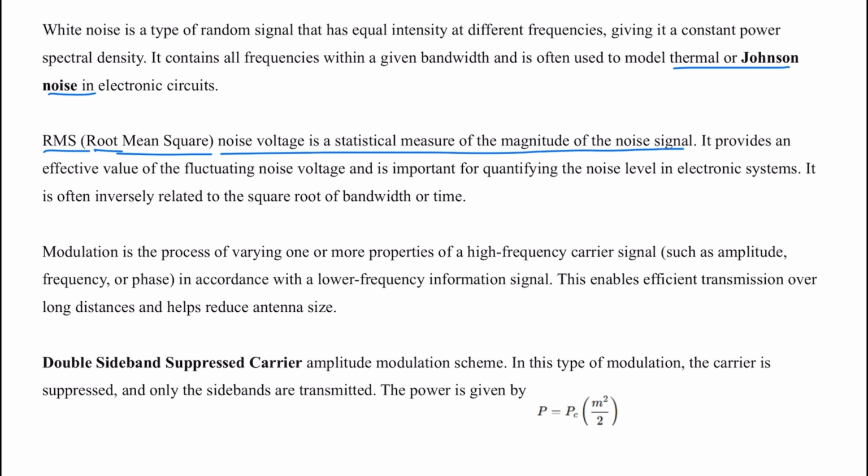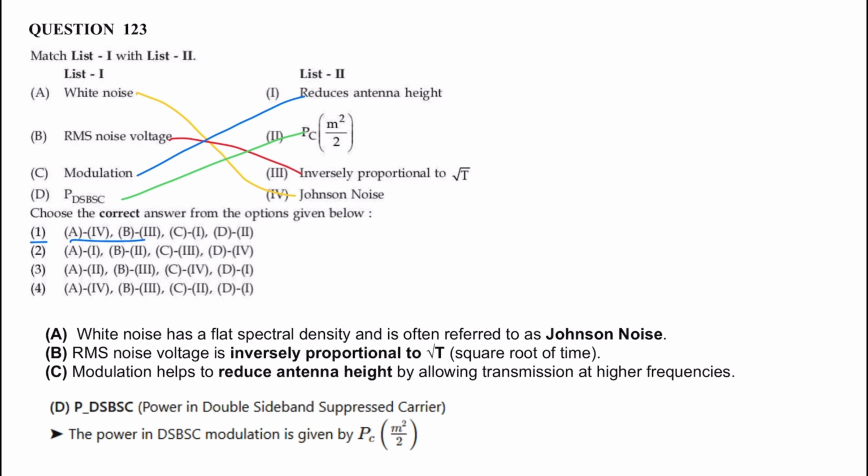It is often inversely proportional to square root of bandwidth or time. Modulation is a process of varying one or more properties of a high frequency carrier signal in accordance with the low frequency information signal. This effectively reduces the antenna height or dimensions of antenna. Next is double sideband suppressed carrier modulation. The total power P is equal to Pc into mu square by 2, where mu is the modulation index. Option 1 is correct.